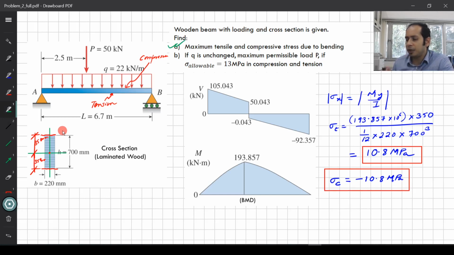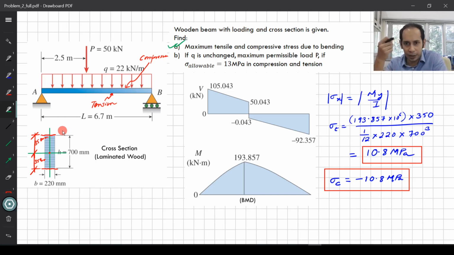Now part B of the problem says that if Q is unchanged, find the maximum load P such that you are not exceeding the allowable stress in either tension or compression. Tension and compression 10.8 is the same, so you just have to find the P which does not exceed that, as a result of which the bending moment does not exceed a value for which your stress does not exceed 10.8.